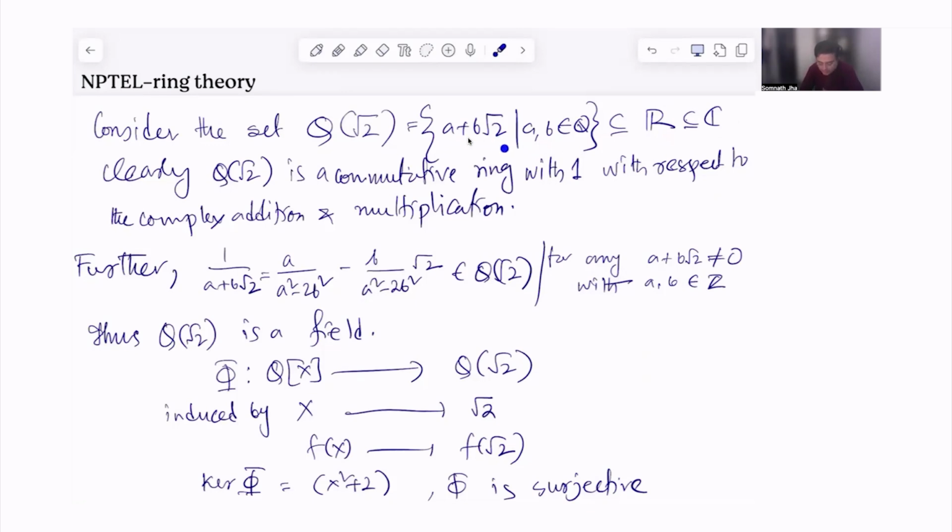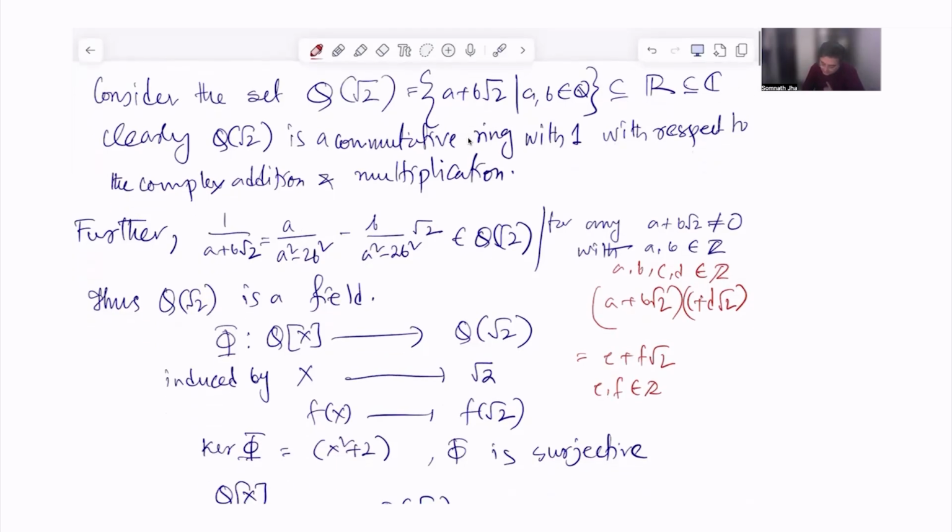So if you have a plus b root 2 and you add c plus d root 2, where a, b, c, d are in Z, then you get something again of the form e plus f root 2, where e, f are in Z. If you multiply them, bd times 2 and ac you can club together, and ad plus bc will be your f.